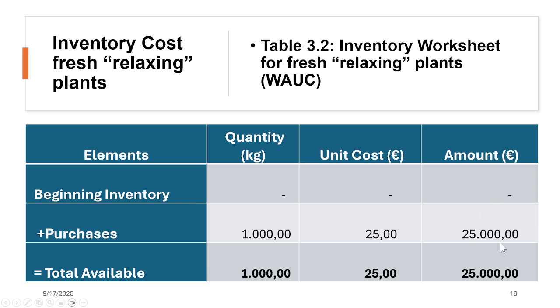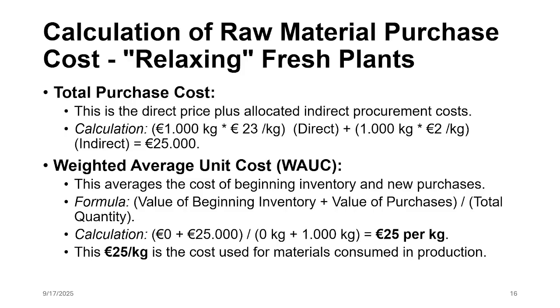The amount is divided by the quantity, so we have a unit cost of 25 euro per kilogram. So we finish our first step, calculating the cost of the raw material purchase for the relaxing fresh plant.